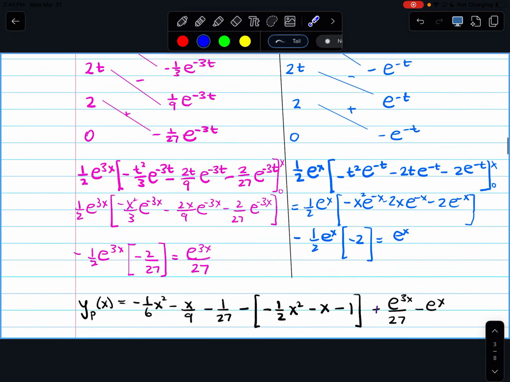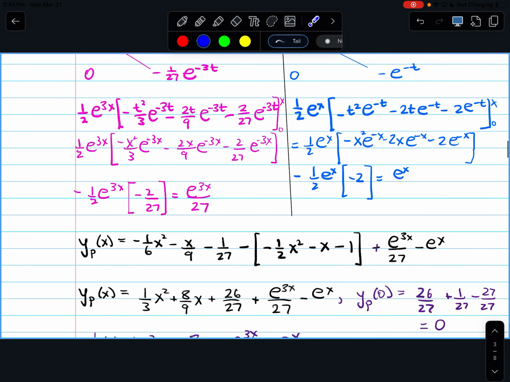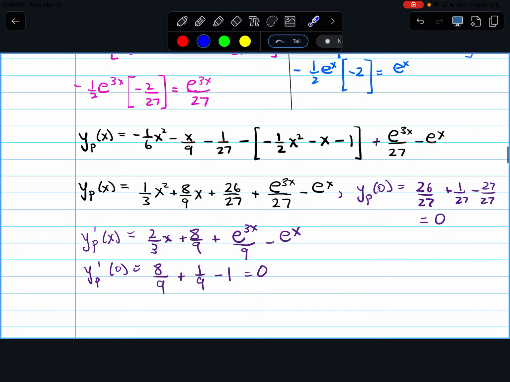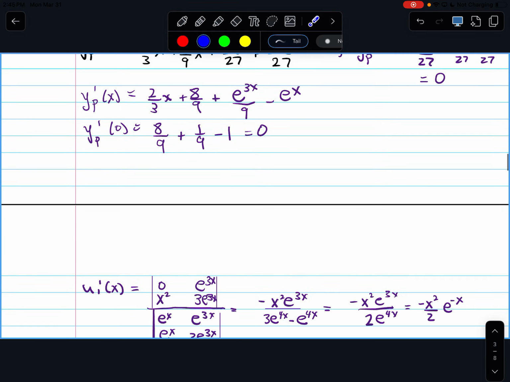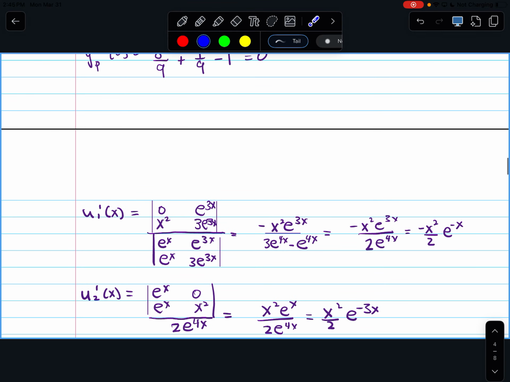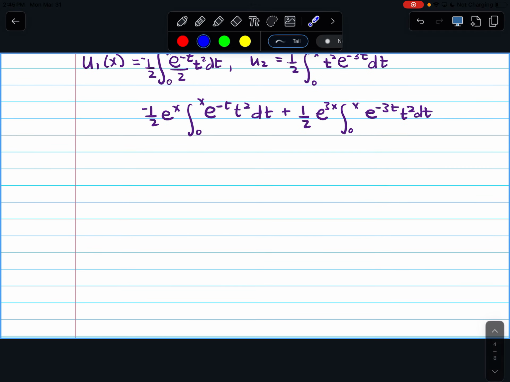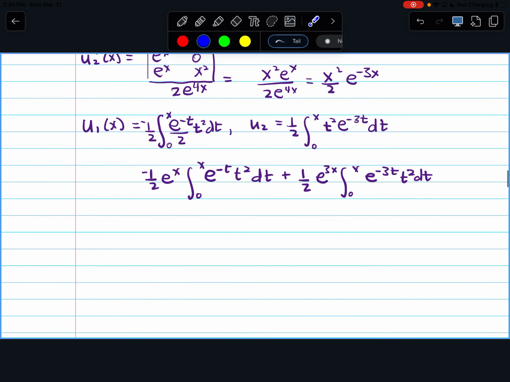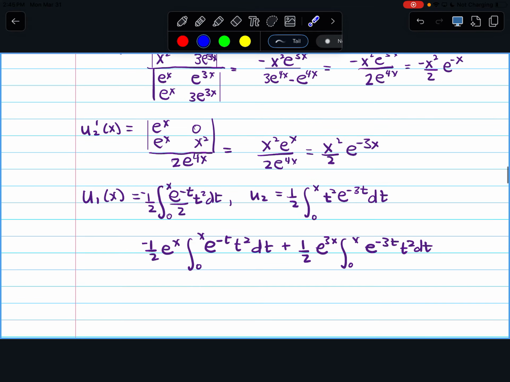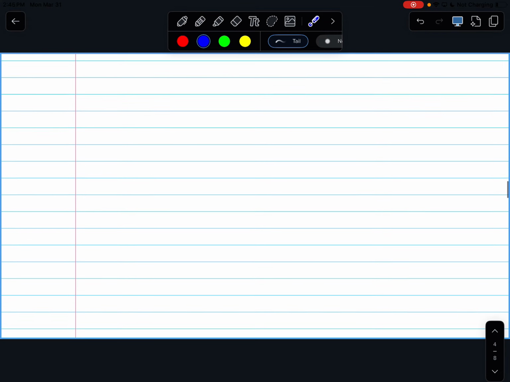You don't have to do that, and you won't be able to do that every time. But anyway, there's my work, and I'll upload these notes for you. I've also worked this with variation of parameters and got the same result, but I'm not going to take up time talking about it. It's in the notes, and you can look it over.